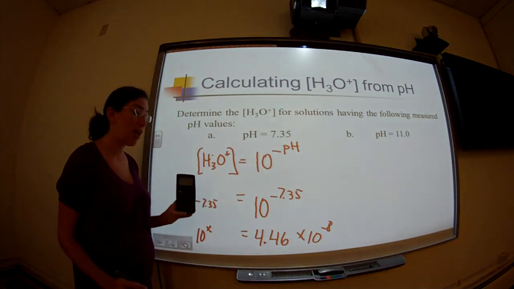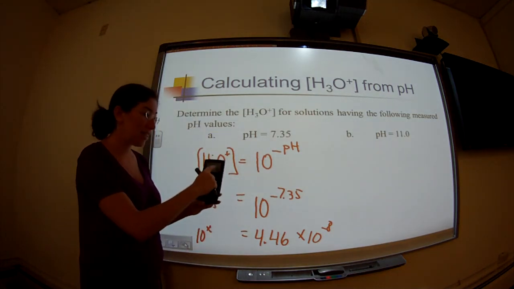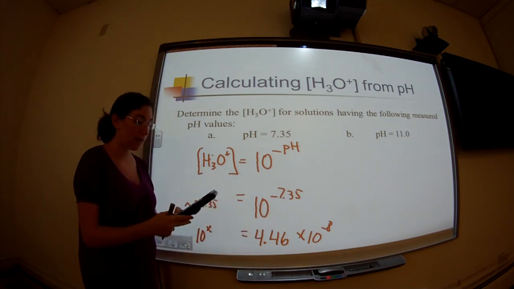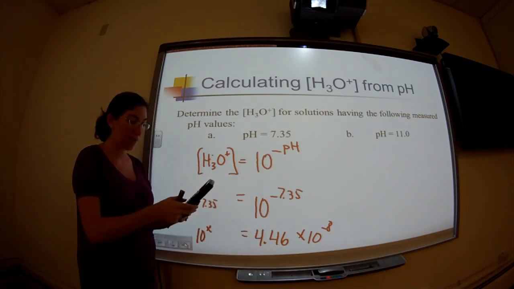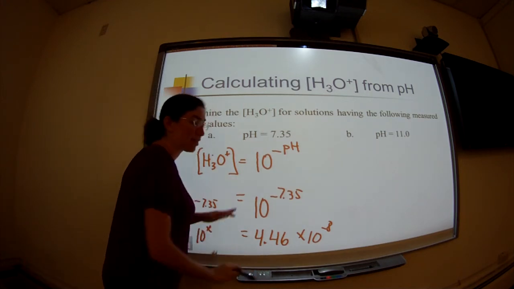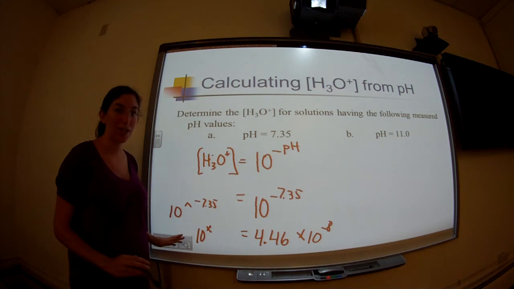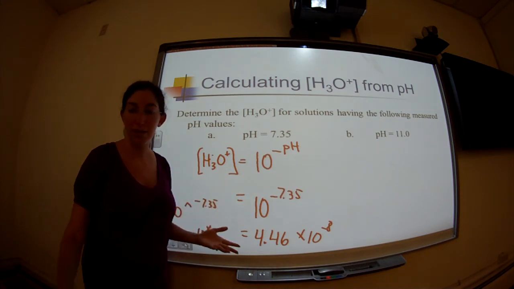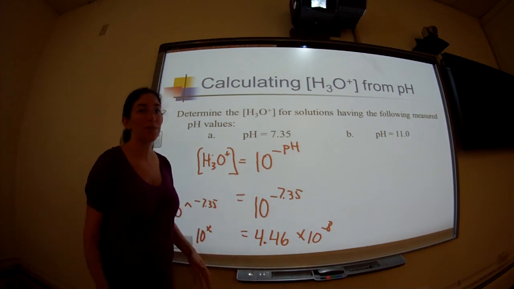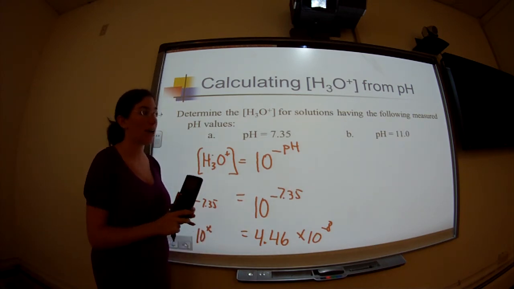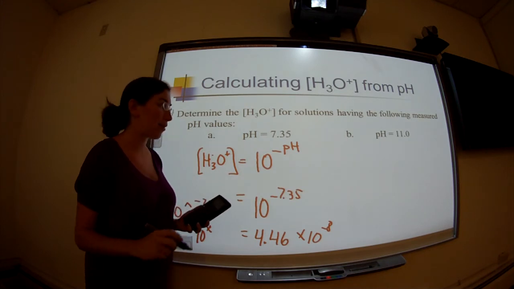On my calculator it says E negative 8, which means times 10 to the negative 8. Okay? So hopefully many of you are familiar with your calculators and this type of scientific notation in a calculator. But for those of you who don't, I'm trying to add that extra explanation in. And if you're still confused, please go to the LAC and get some help or contact me or a classmate to help you out, okay?